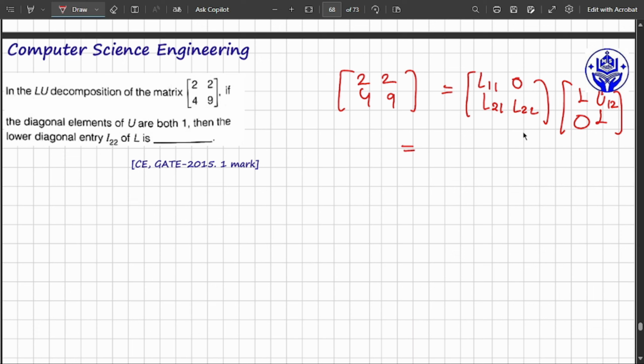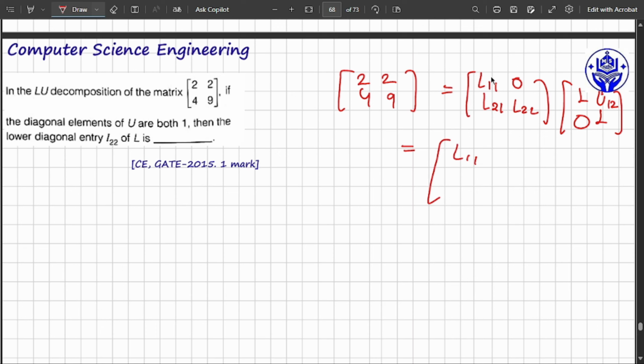Now in this case, what will be L11 here? If I multiply these both, I will get the solution. Just let me multiply this. So this will be L11, 0.